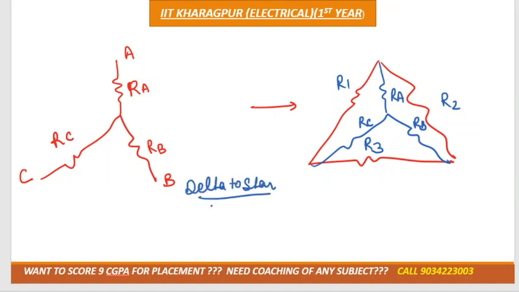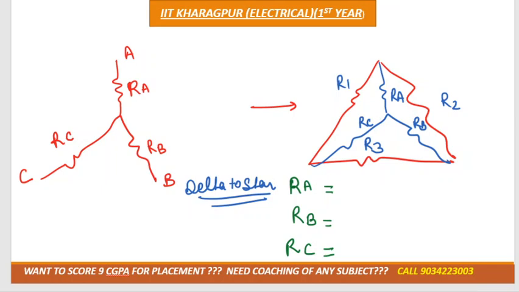Now can you tell me, for conversion of delta to star, do we need R1, R2, R3 or RA, RB, RC? We need RA, RB, RC.